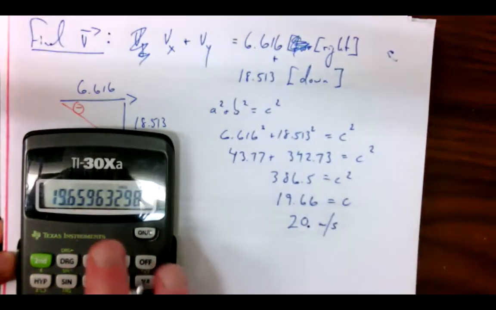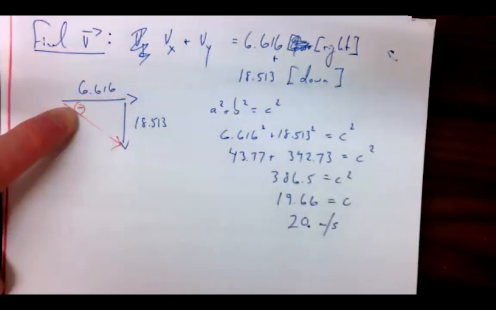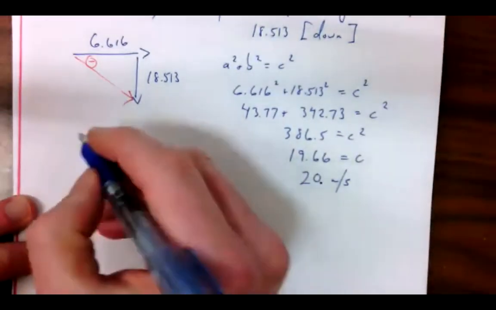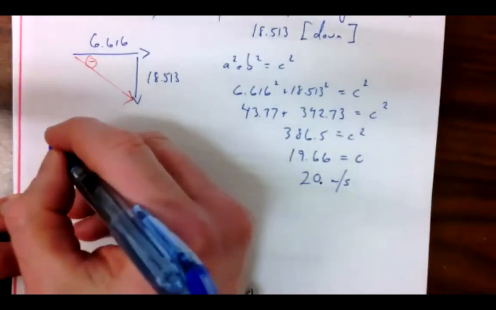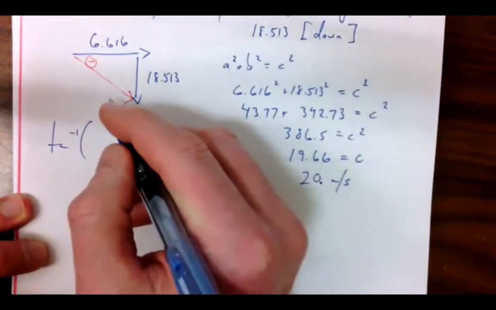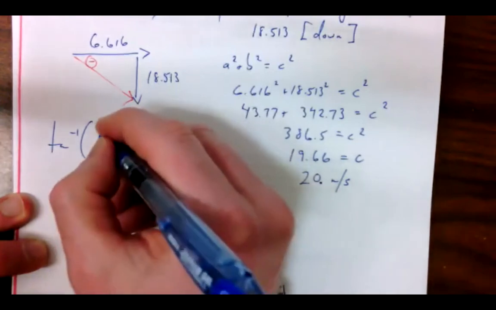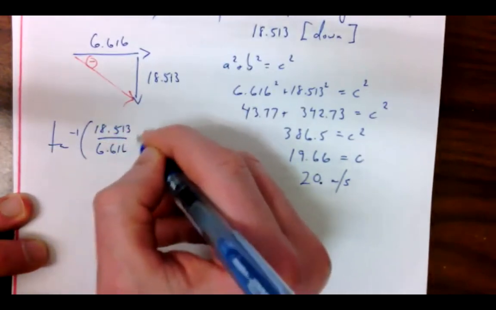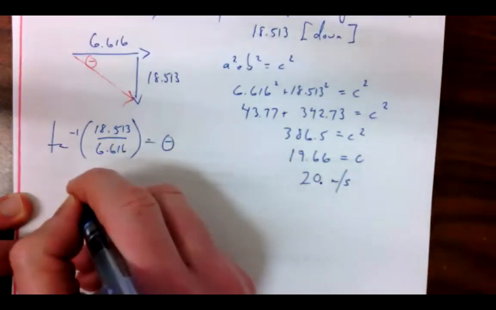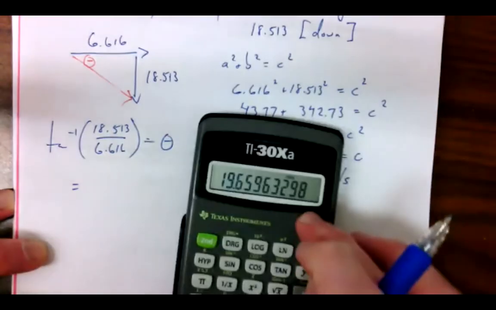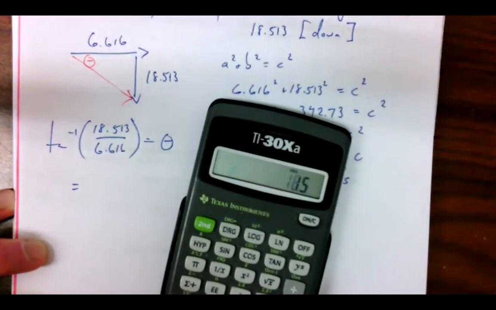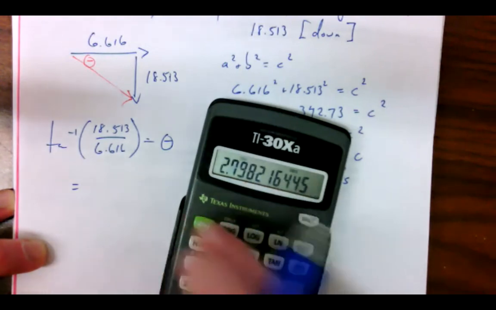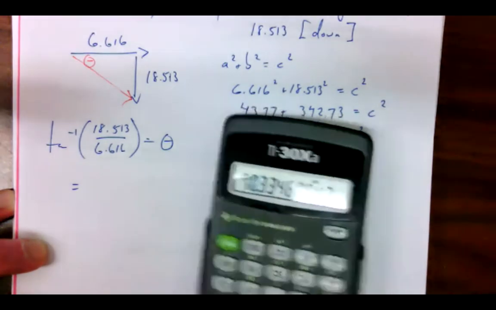But we also need to find our angle. Inverse tan of opposite, which is 18.513, over adjacent, 6.616 equals theta, which equals 70 degrees.